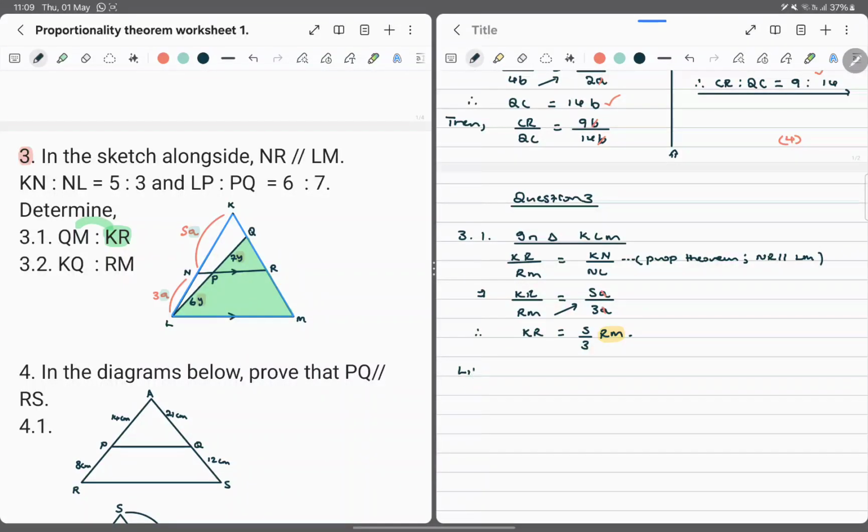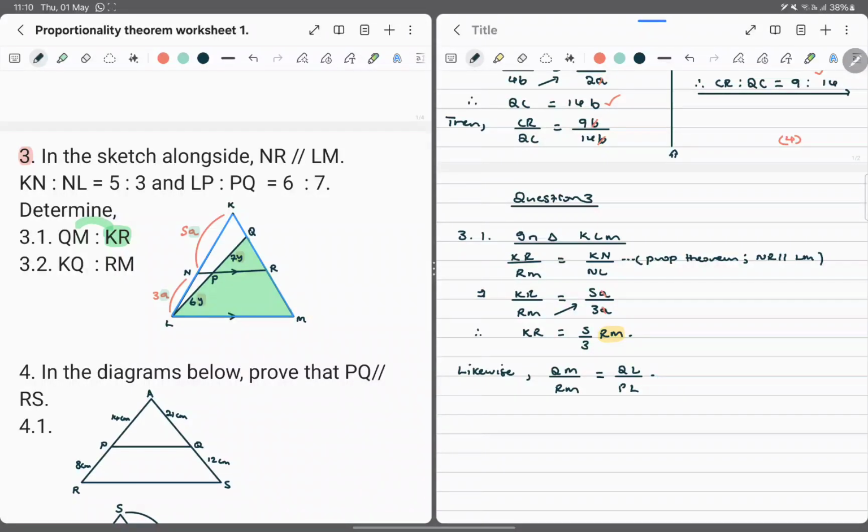We can say likewise, because we're still going to use the proportionality theorem. We know that essentially we want QM this time. We know that QM over RM, because remember, we want to also express QM in terms of RM, must be equal to QL in the other triangle over PL.